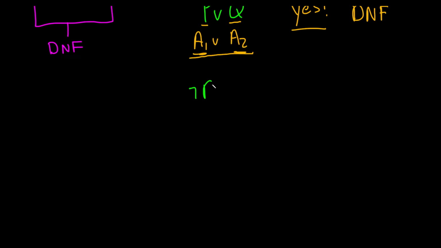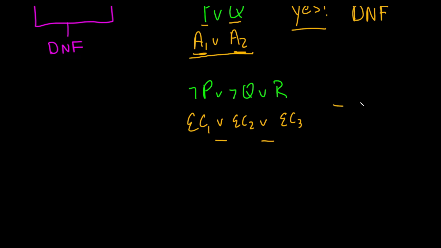Let's say we had not P or not Q or R. So one way of looking at this is, look, what we have here is 3 elementary conjunctions. And notice that all 3 of them are connected using this sign for disjunction. So you have a disjunction of elementary conjunctions. And so this also would be in disjunctive normal form.